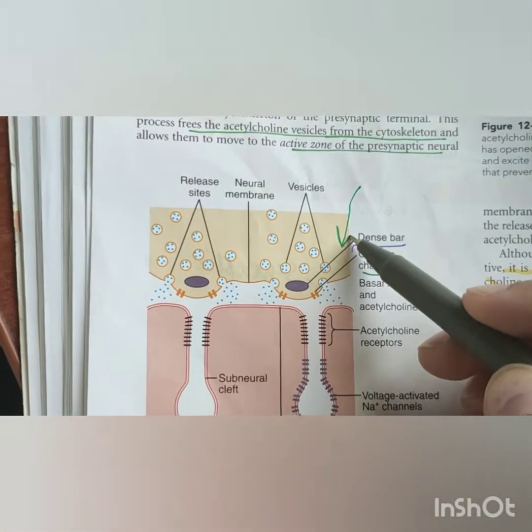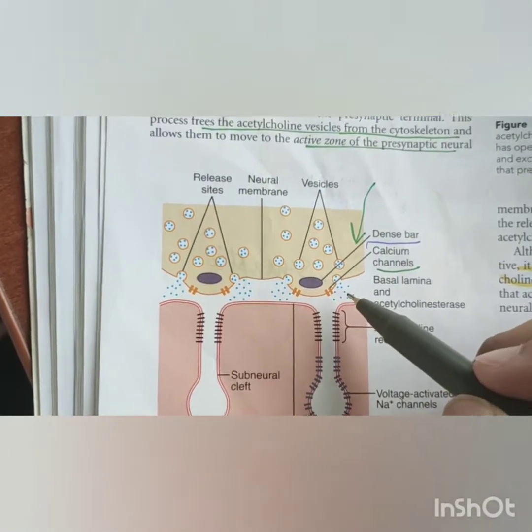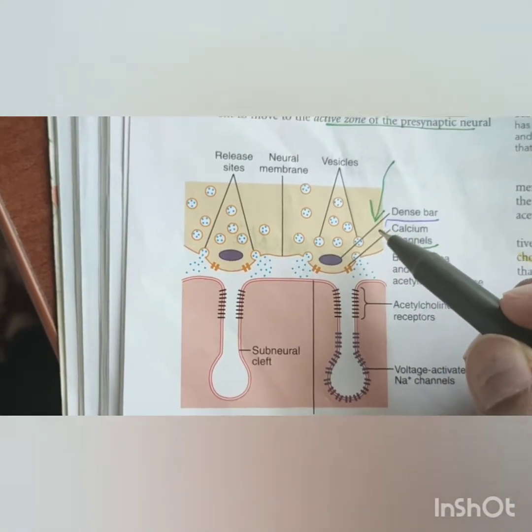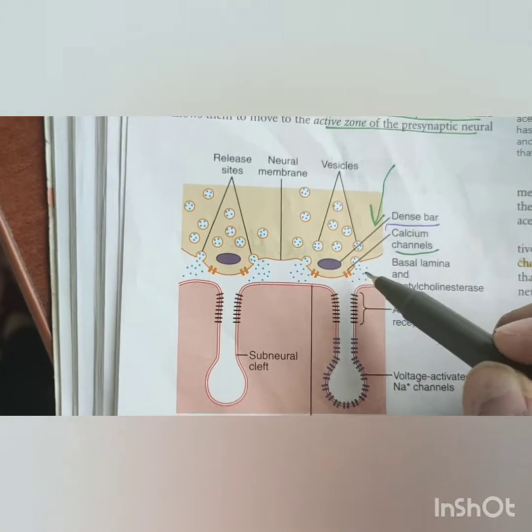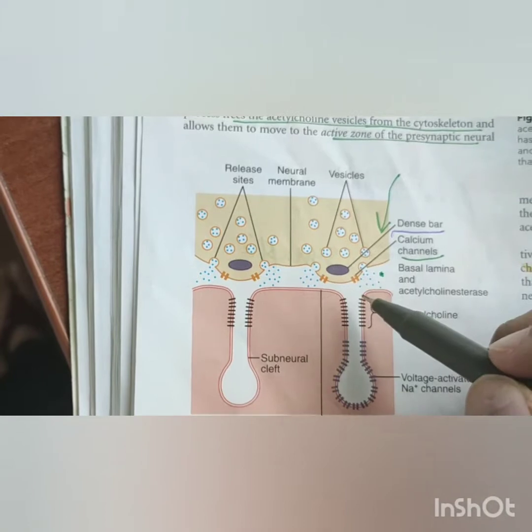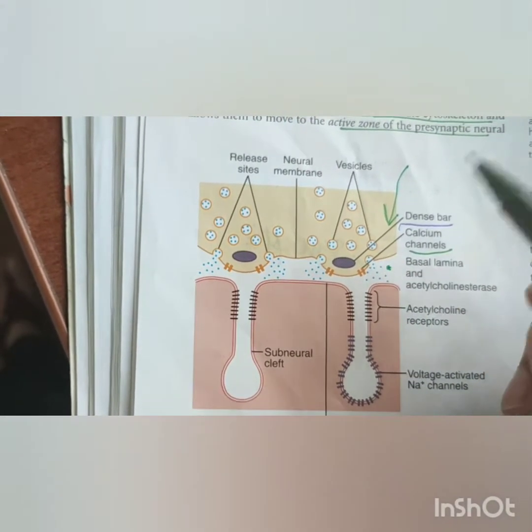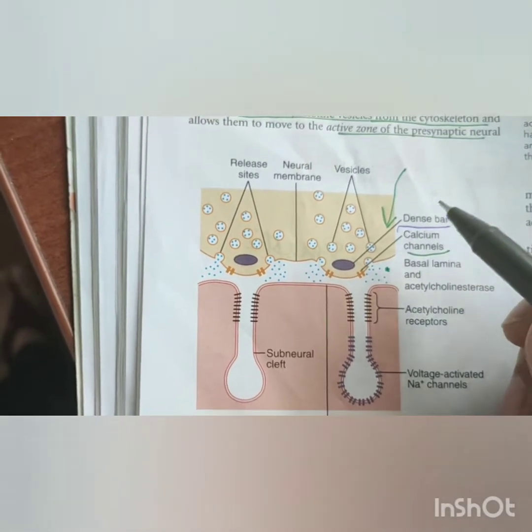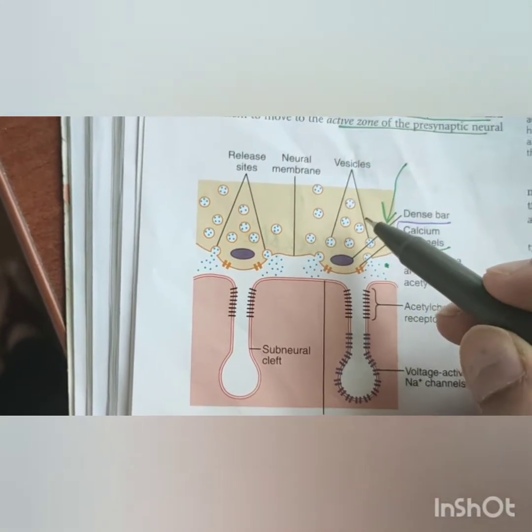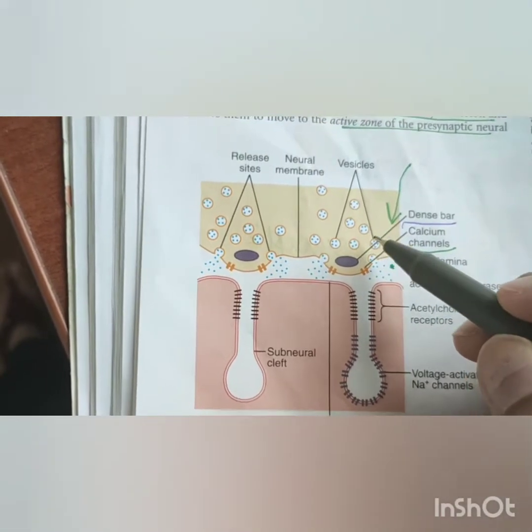As the action potential reaches the axon terminal, these calcium channels, which are voltage gated, open. Calcium then enters from the synaptic space, and it activates calmodulin dependent protein kinase, which phosphorylates the protein on the vesicles. With this phosphorylation, acetylcholine is released from the vesicle.